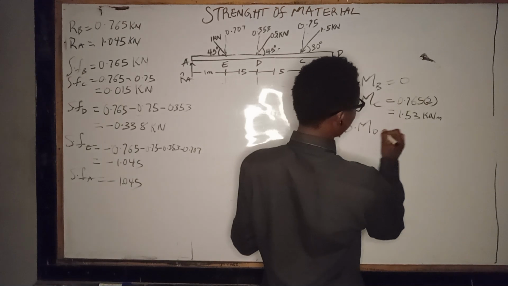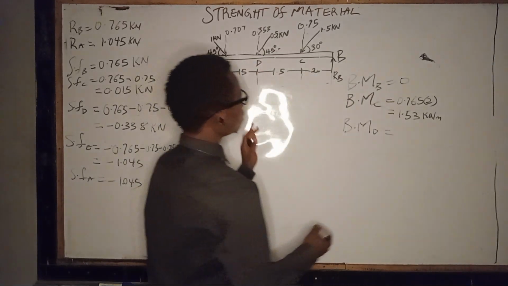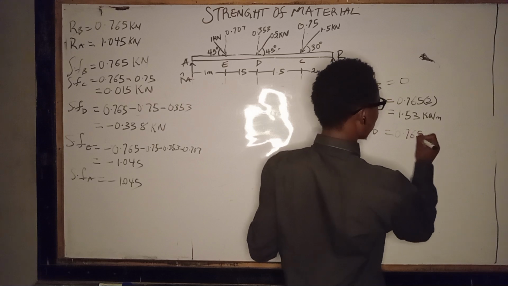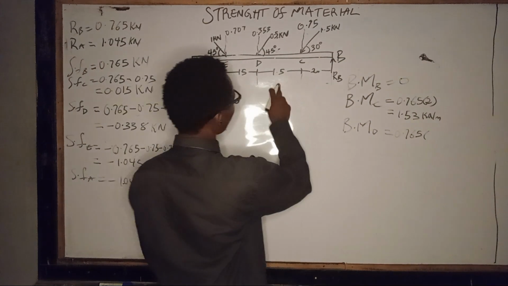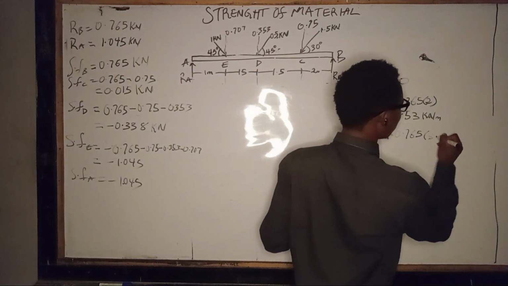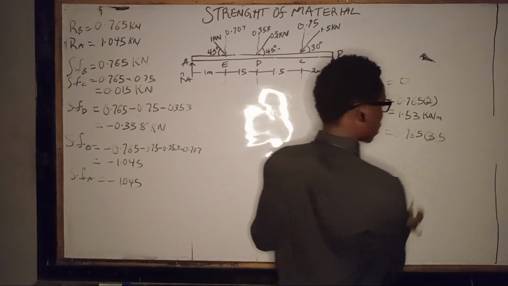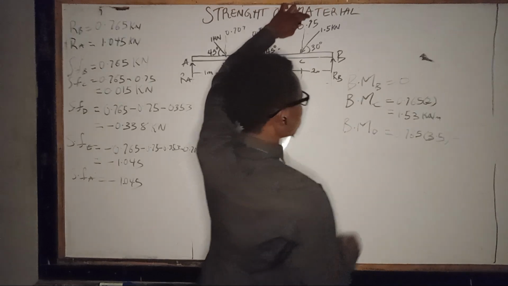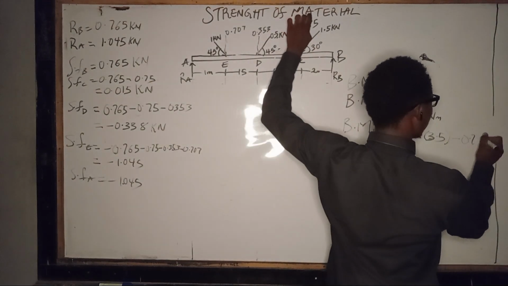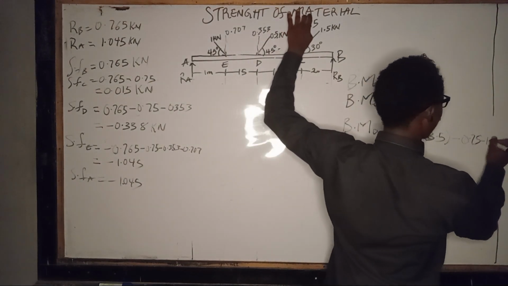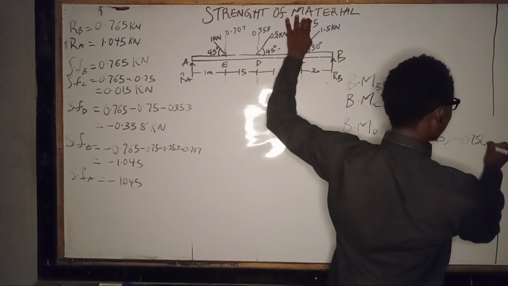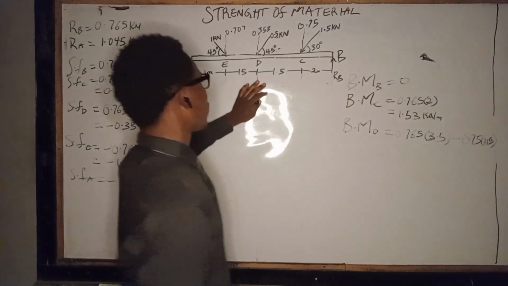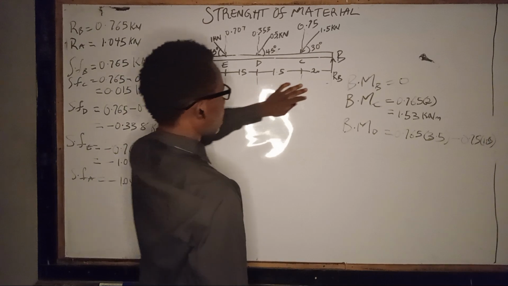So if we move on to our bending moment at D, our bending moment at D is 0.765 times, we have 2 and 1.5, so times 3.5, then minus this one right here, which is 0.75 minus 1 times 1.5, then that is for that.